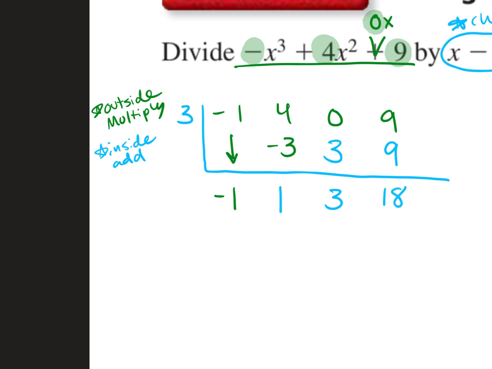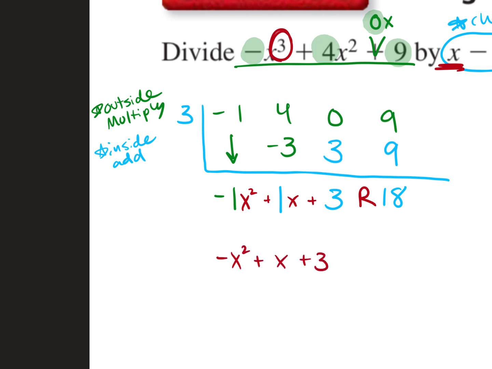Now these numbers here are coefficients of our answer. If I started with x to the third power and I took 1x away, my answer is going to start with x to the second power. So this is going to be -1 x squared plus x plus 3 with our remainder of 18. So to rewrite that a little bit better, we have -x squared plus x plus 3.